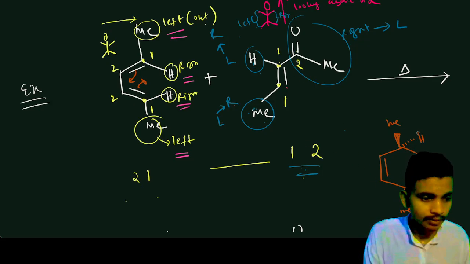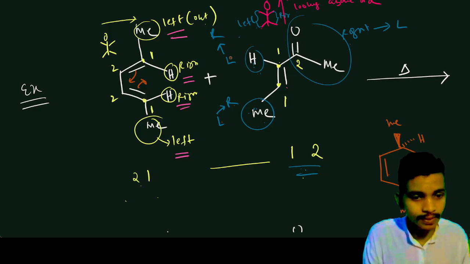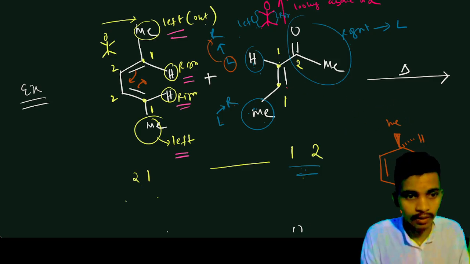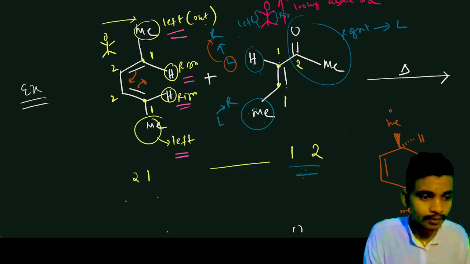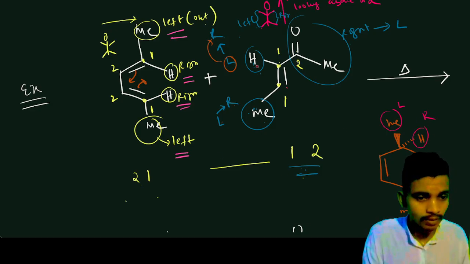Now this left is changed to the right. This H is left, but since this is 1 2, it changed to right. It means I have to take this H also in the right.